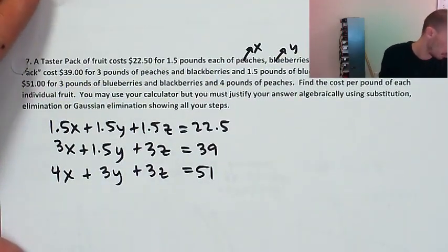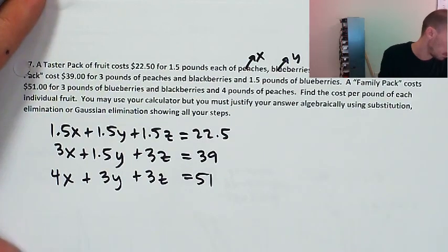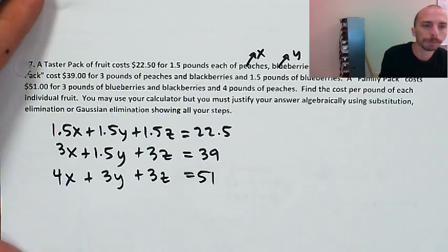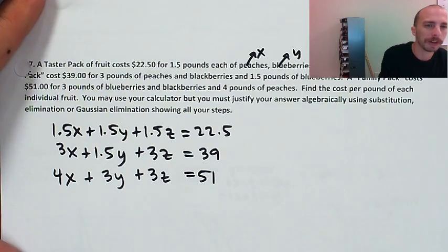It doesn't really matter. You can do whatever you want. But I would recommend using elimination on this one. Unless 22.5 is divisible by 1.5, which I think it is. I'm tempted to use the calculator. But I'm not going to, right? Too disciplined.